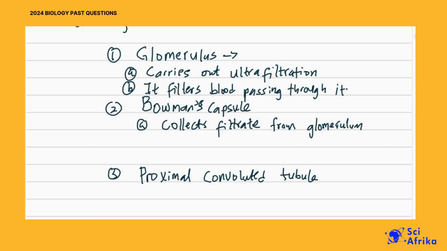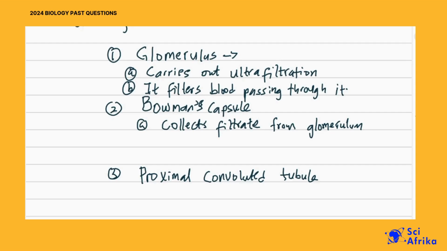The glomerulus is one cell thick, so any substance that's able to enter the glomerulus is a small substance. At the same time, small substances like glucose and vitamins are still useful for the body. They go through the glomerulus and enter Bowman's capsule, but the body still needs them. The body does not want to get rid of them, so they have to be sent back into the body circulation.